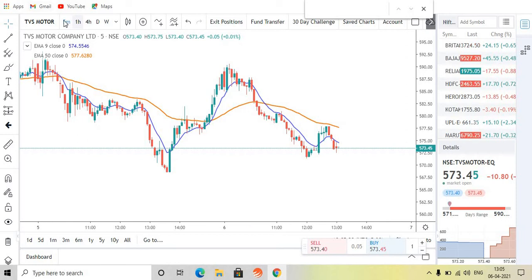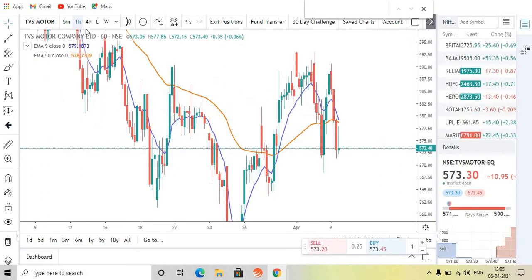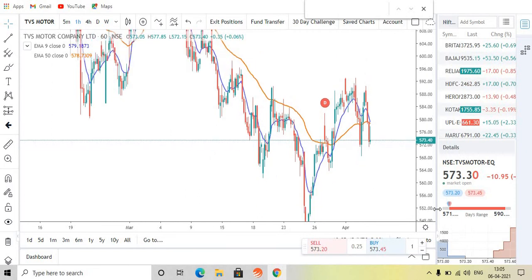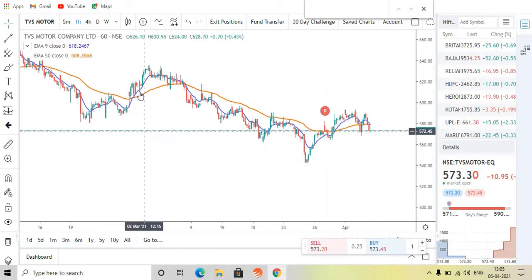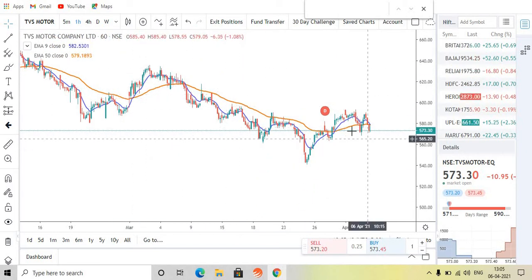So this is a chart which I am using for 5 minutes. Whenever you are entering a trade, you need to see the overall trend in the higher time frame duration. So I am pressing the 1 hour time frame. In the 1 hour time frame, the market is clearly in the downtrend.